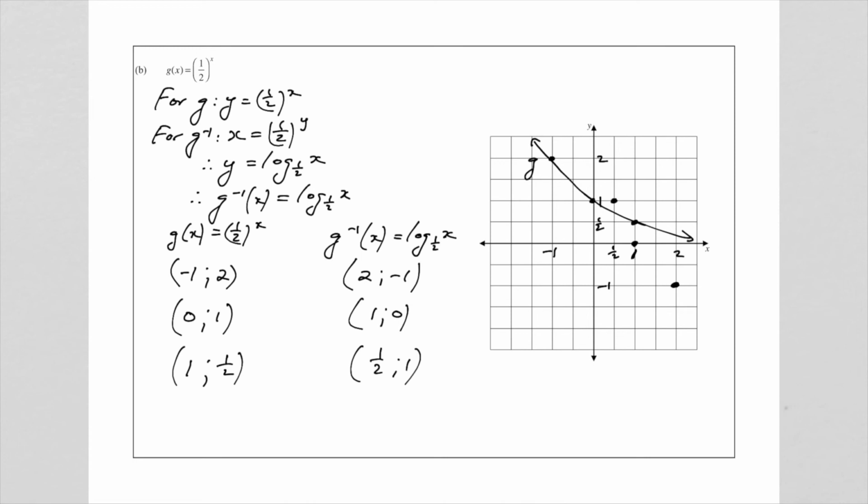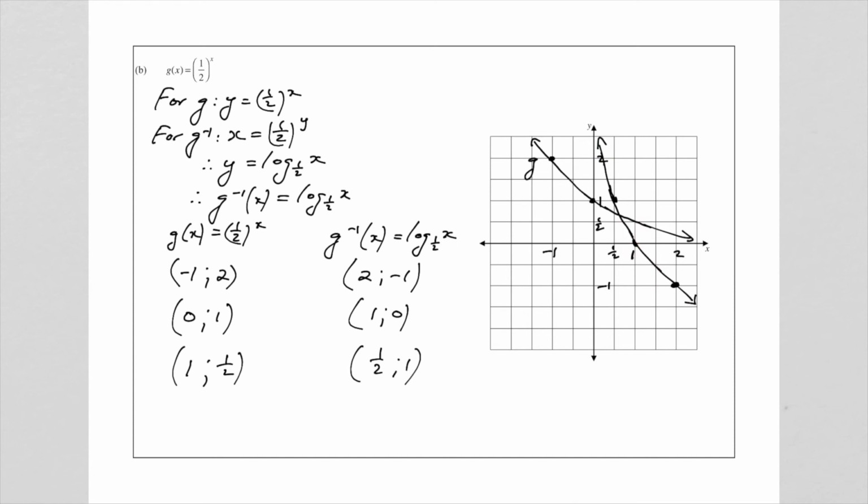Now, don't get confused with all these points. You can see that this graph is the decreasing logarithmic graph going right here. So let's just quickly draw that graph. So there you can see the decreasing logarithmic graph. That is the exponential, and this is the inverse of the exponential.